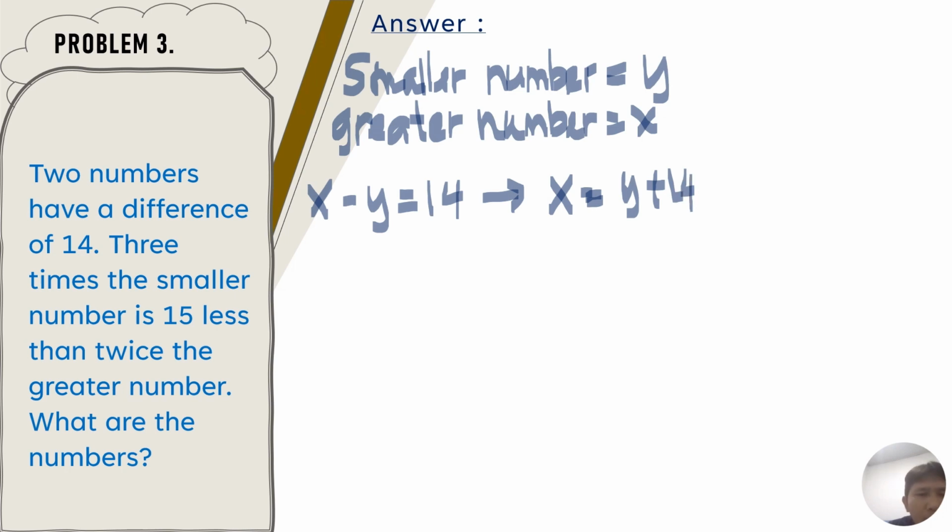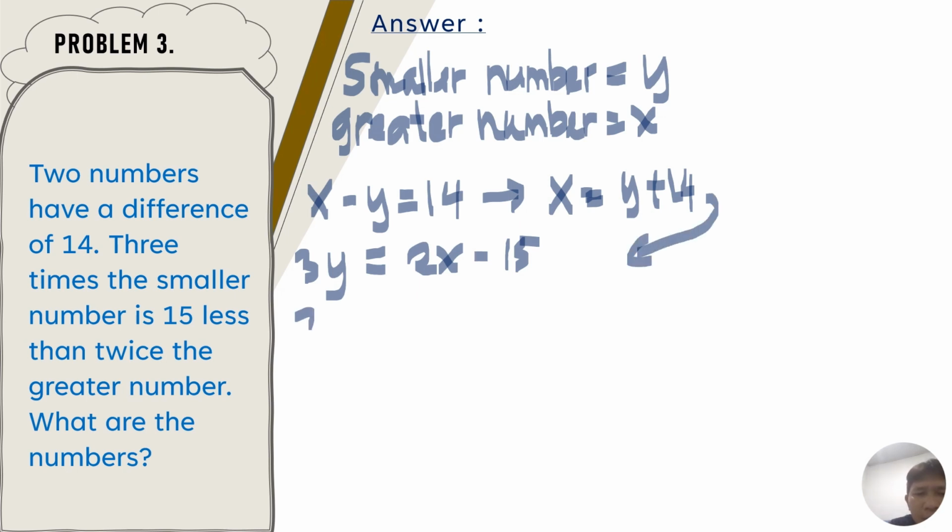Then 3 times the smaller number is y, so 3y equals 15 less than twice the greater number, so twice the greater number means 2x minus 15. After that we can use the substitution method. We just enter the value of x into this equation.